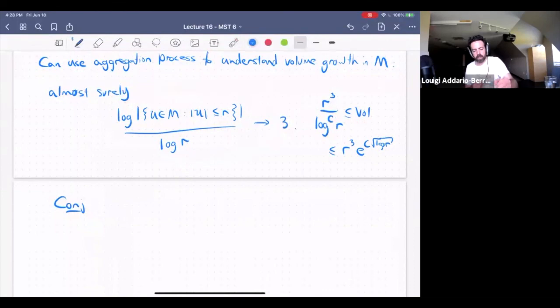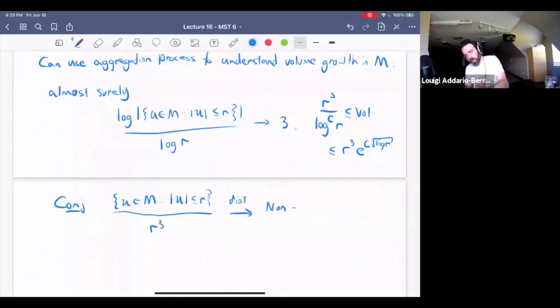But I think that it should actually be the case that the growth is really cubic in a stronger sense. So I would conjecture that if you look at the number of vertices at distance at most R from the root and divide by R cubed, that should converge in distribution to some non-degenerate random variable.